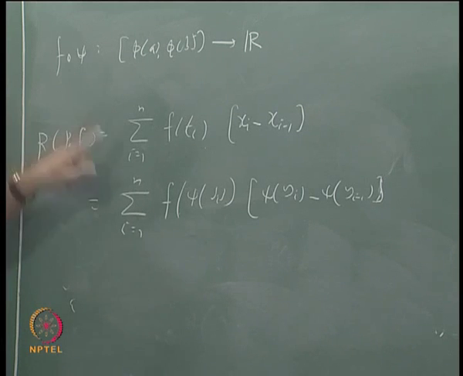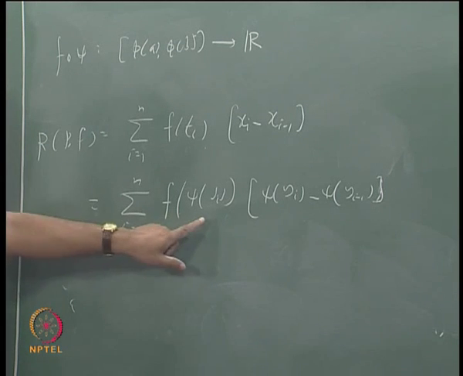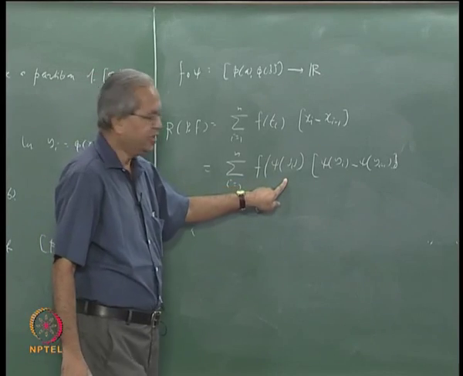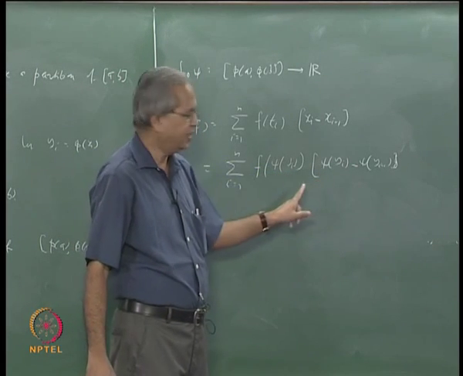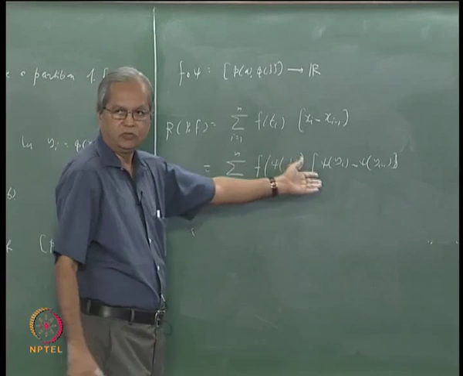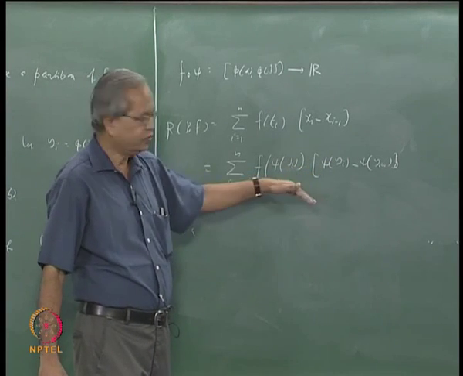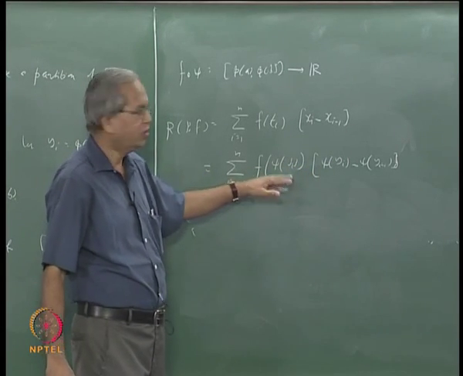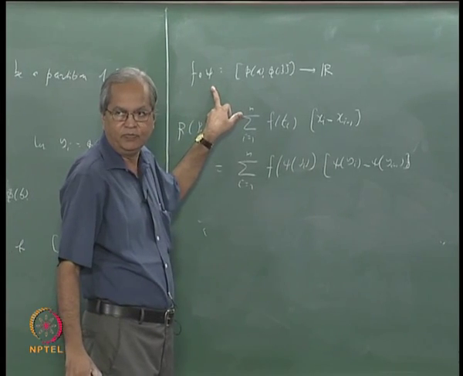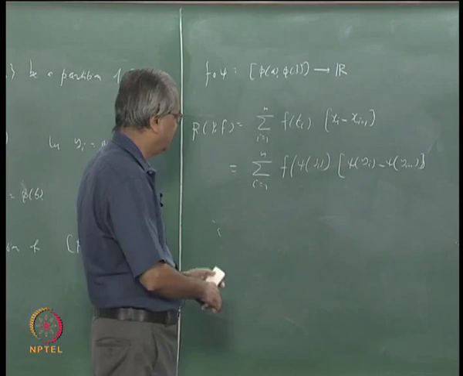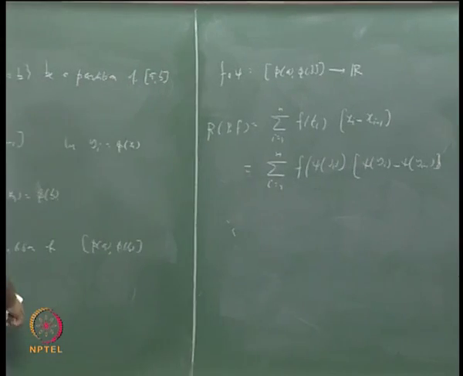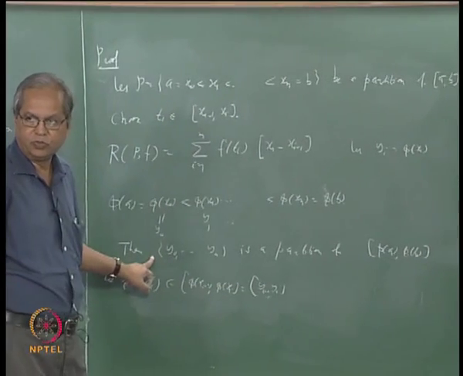I have computed f composed with psi at s_i and multiplied that by psi(y_i) minus psi(y_{i-1}), and s_i is a point which lies between y_{i-1} and y_i. So this is the Riemann-Stieltjes sum of the function f composed with psi, with respect to the function psi and with respect to this partition here.